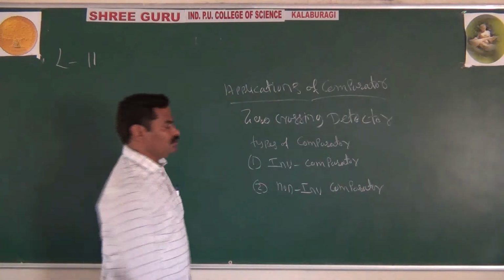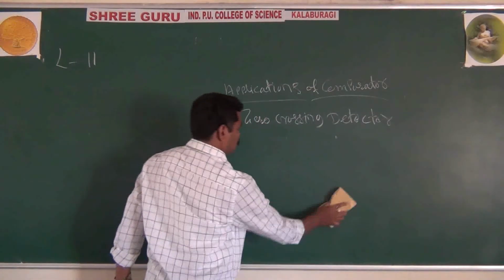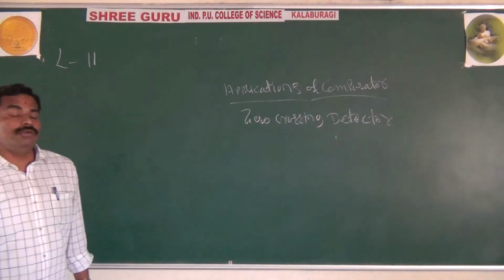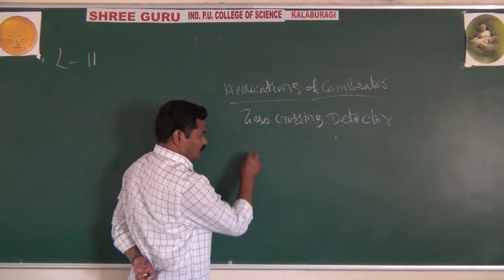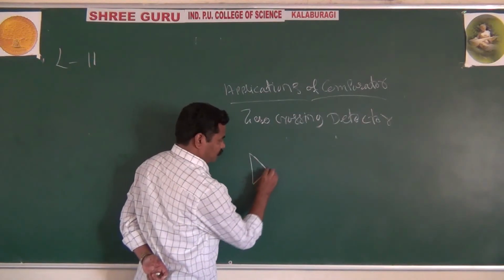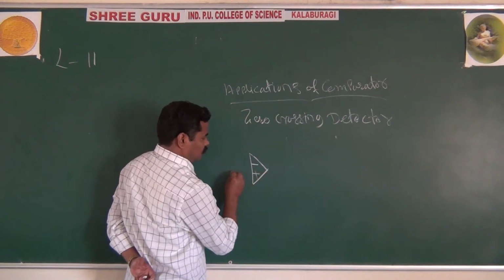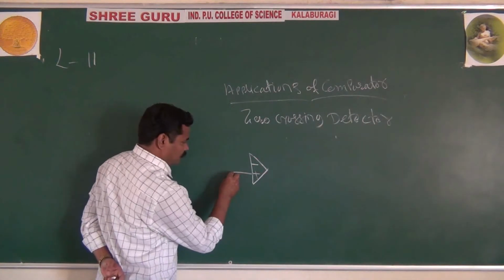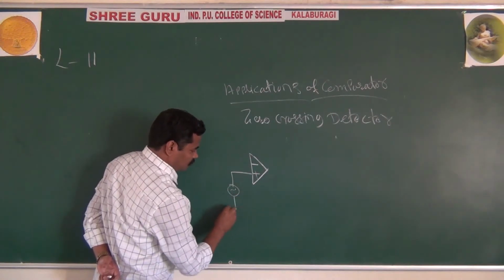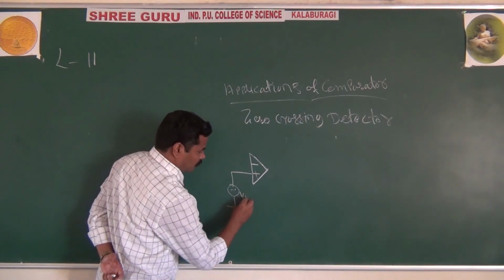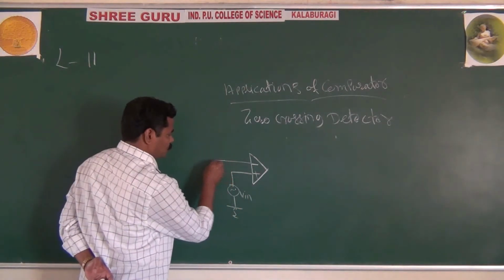And here, in the zero crossing detector, you are considering the non-inverting comparator. You apply the input to the non-inverting terminal, and you apply the reference voltage.